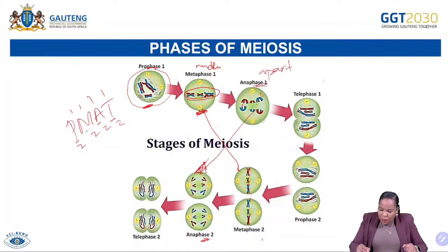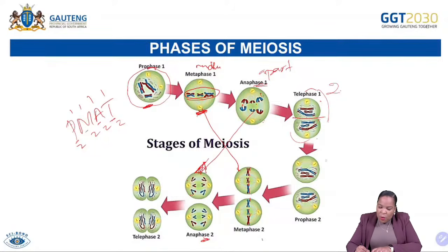Then at telophase 1, you find 2 cells are formed. Remember, you must be able to say that the cell wall is going to do what? A cleavage furrow is going to form if you are talking about an animal cell, and in a plant cell you just say they form what? A cell plate. And then further, when you go to meiosis 2, remember this is 1 and this is 2.